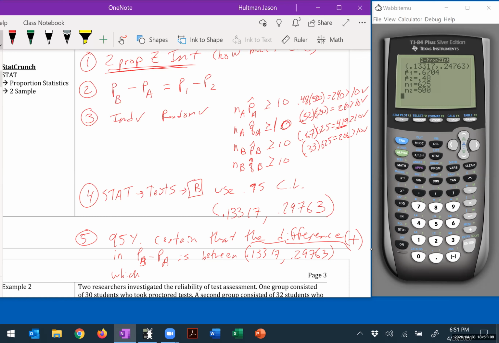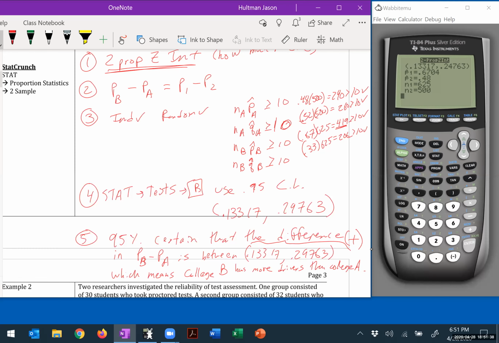If it was negative values, then I would say B is less than A. But because it's positive, what can I conclude? I can conclude that college B has more drivers than college A.